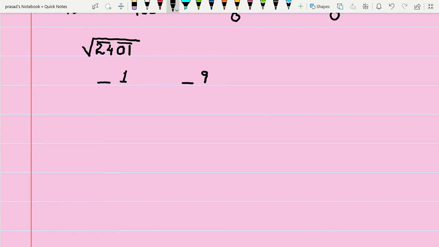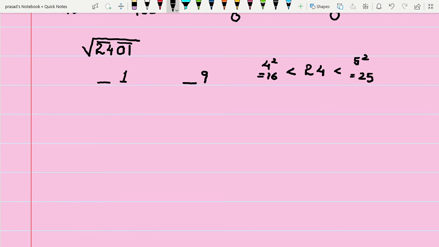So I have to fill this digit. Consider 24 and check between which two perfect squares 24 lies. 4 squared is 16, which is less than 24, and 5 squared is 25, which is greater than 24.